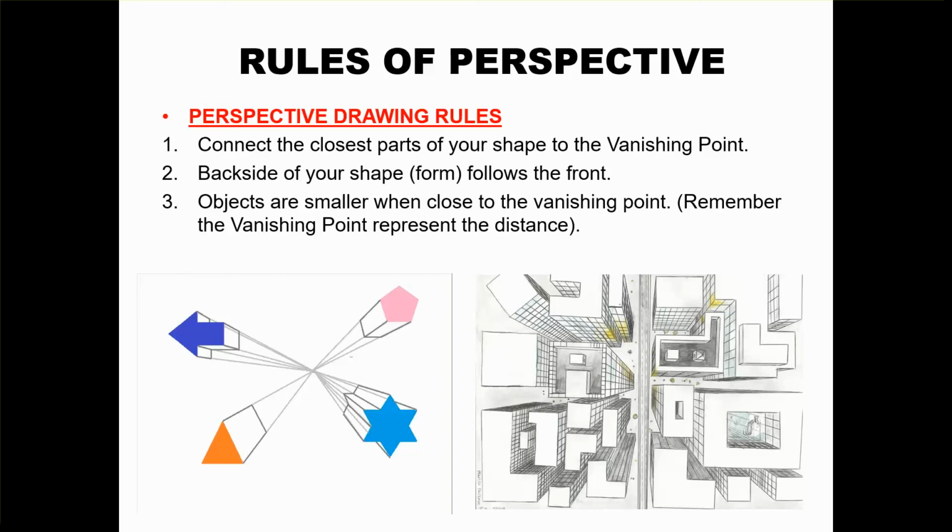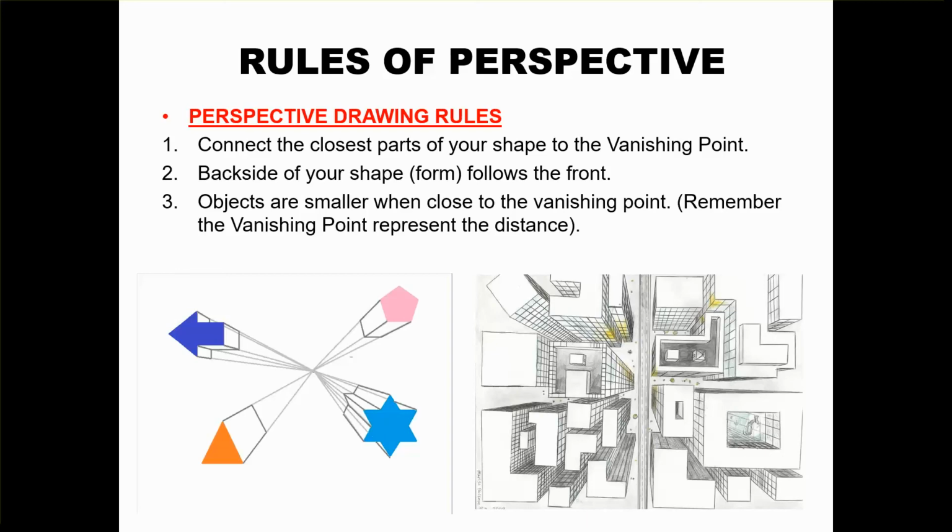If you look at the triangle, that's an excellent example. The front side of that triangle is a diagonal, so the angle is a diagonal on the front side. Well, so is the back side. They are identical, and they represent each other. So the back side follows the front.